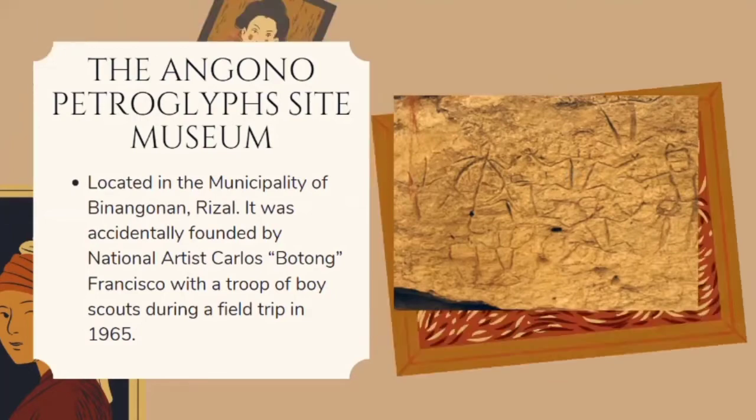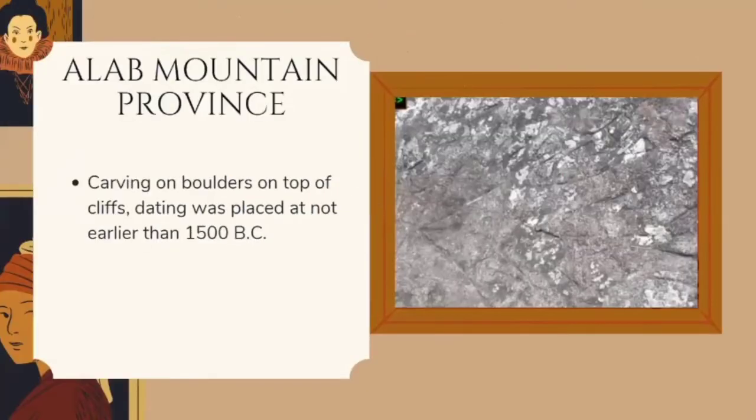Second slide po. The Alab Mountain Province. Carving on boulders on top of cliffs, dating was placed at not earlier than 1500 BC. Alab Mountain. Hindi matukoy, walang tumpak na tools para ma-decode at mabigyang kahulugan ang mga sinaunang marka na nakaukit sa ibabaw ng isang malaking bato na matatagpuan sa isang promontoryo.